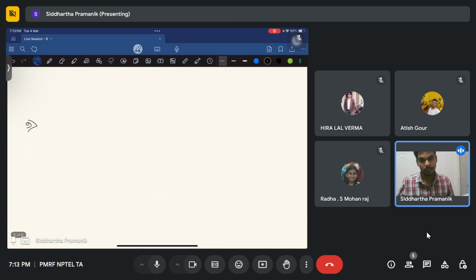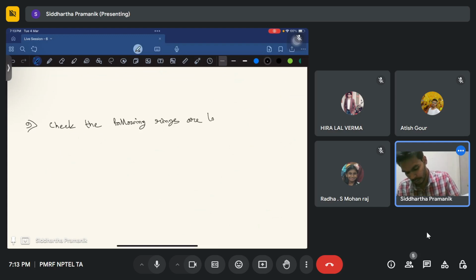Okay, so let's check whether a couple of rings are local or not. Check whether the following rings are local or not.